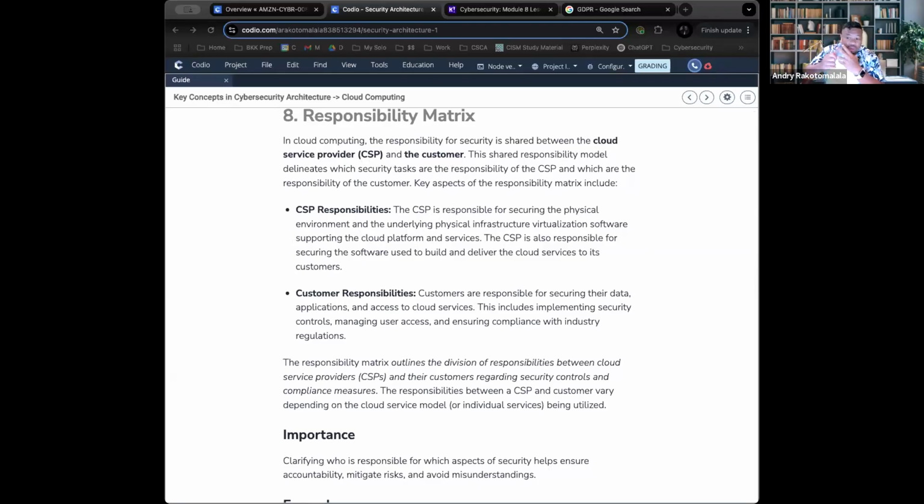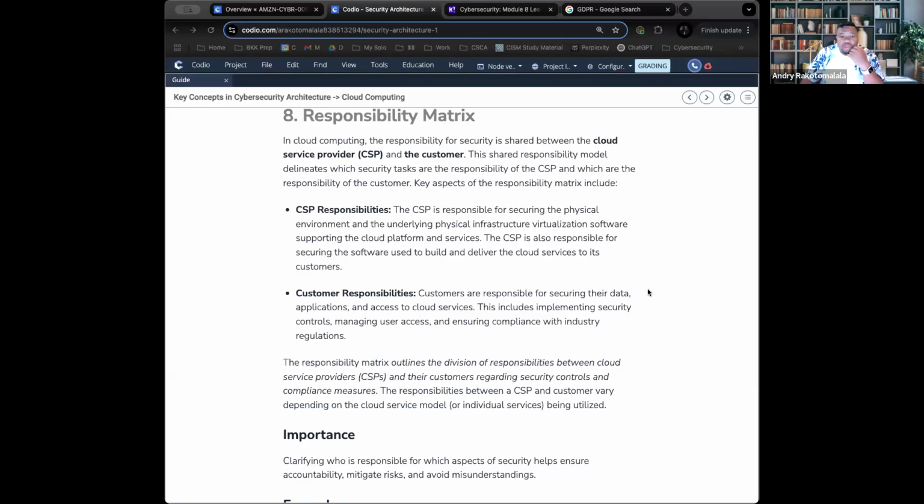They have to be the ones to have the physical hardware. They have to have all the networking. The cloud service provider is the one that controls all of these. Whereas the customer handles the actual data itself. They handle maybe user accounts, and then they handle the actual application. So keep in mind, the cloud service provider, they just store the data and they process the data. That's all they do. The customer, us in this case, we're in charge of the actual application itself.